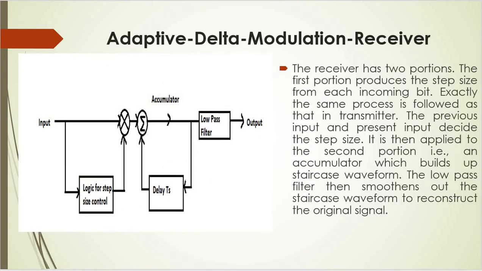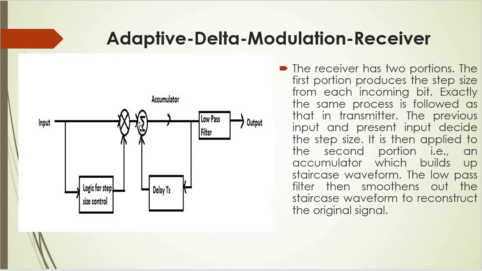Now we can see what is there in an adaptive delta modulation receiver. This receiver contains two portions. This is the first portion and this is the second portion, which we call the accumulator. The first part, that is the logic for step size control, produces the step size from each incoming bit. Here we have a stream of binary ones and zeros, which is applied to the logic for step size control and a multiplier. At the output of this multiplier we have the step size.